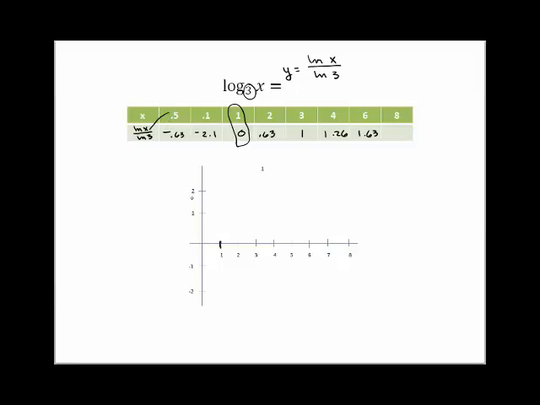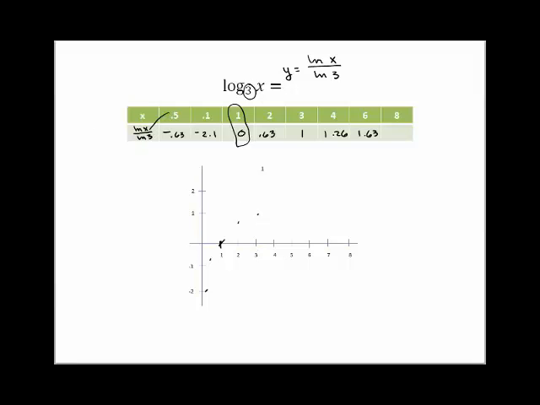So we've got an x value of 0.5, and we're down here at negative 0.63, about there. And we've got an x value of 0.1, and we've got a y value of down here at negative 2.1. There we go. And 1, 0 is where it's going to cross. And 2 is up here at 0.63. And 3, that's nice, 1.